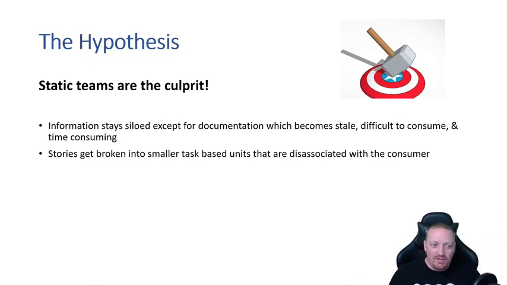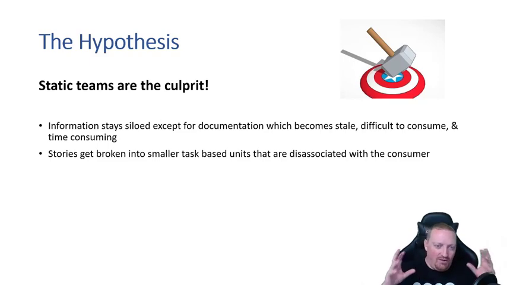Stories get broken into smaller task-based units that are disassociated from the customer. I talked about this a little bit before. The stories go from a shared story that directly impacts what the customer wants and needs, and instead get broken out. Once we have this team structure, that one piece of work gets broken into smaller and smaller tasks that are handed off to different individuals.